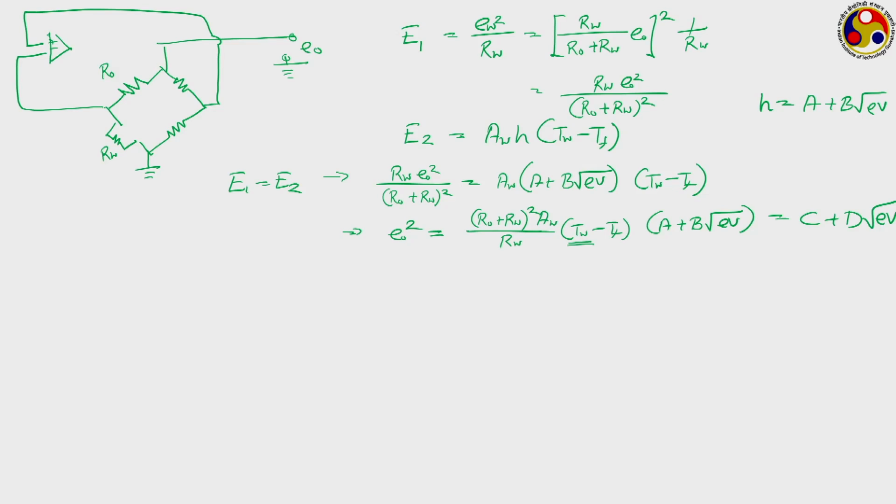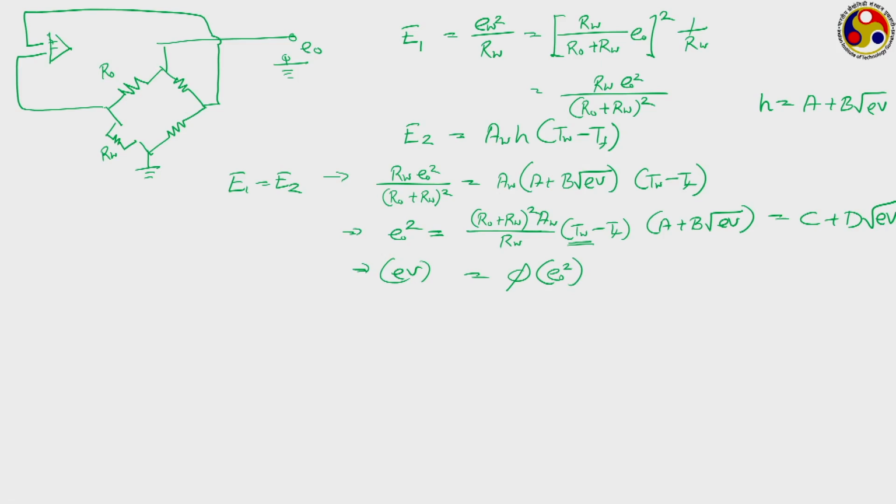So, we get a relation between this E naught square, that is the power, and the velocity. From here we can get a measure of the total mass flow rate, or I should say we can represent this rho V product as some function of this E naught square. So, the power becomes a measurement of the total mass flow rate.